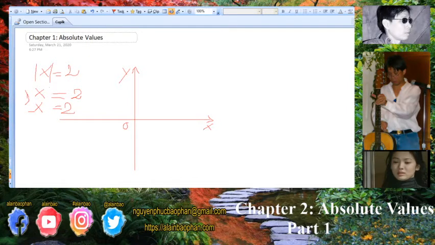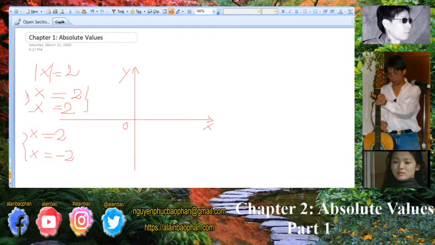So either you put the negative sign on this side, on minus x, or you can put x equal minus 2. This pair of equations is exactly the same as this: x equal 2, x equal minus 2.